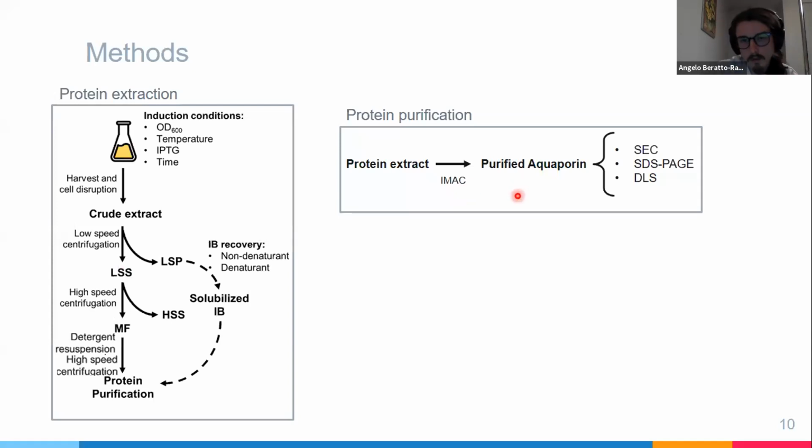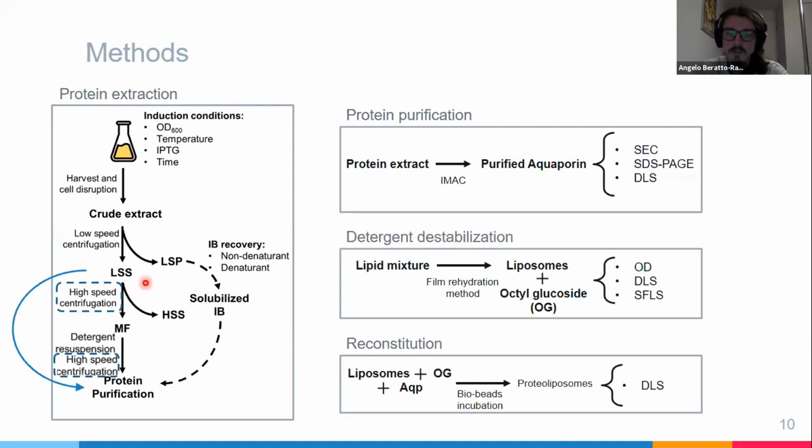Then the aquaporin extract's purity was monitored by size exclusion chromatography and SDS-PAGE, and the presence of aggregates was monitored by dynamic light scattering. Also, we evaluated the possibility of avoiding the ultracentrifugation step by purifying directly the low-speed supernatant. For the reconstitution, liposomes were elaborated by the film rehydration method.